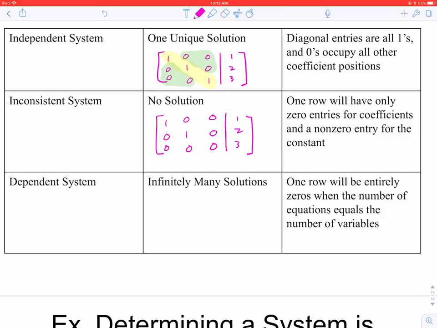The bottom row has 0 for coefficients for x, y, and z. So it's basically saying that 0 equals 3, and that's not possible. This is how you would know that the system is inconsistent: if you get a row at the bottom of the matrix where the left-hand side is all zeros, but you have some other constant in the last column.